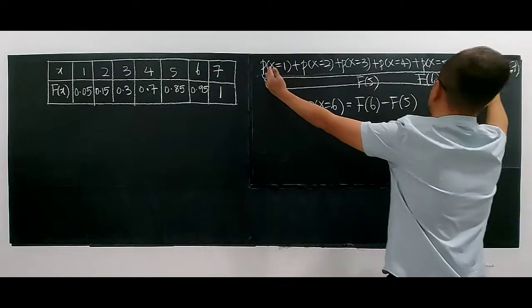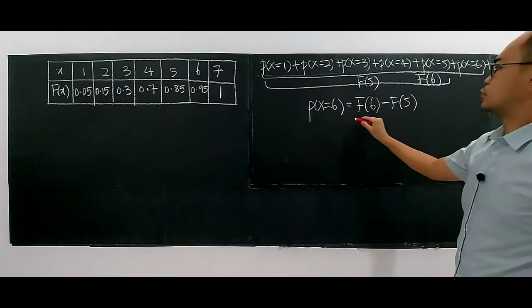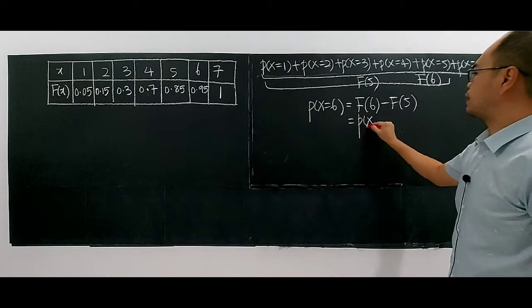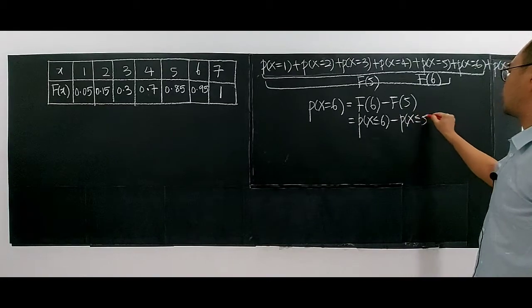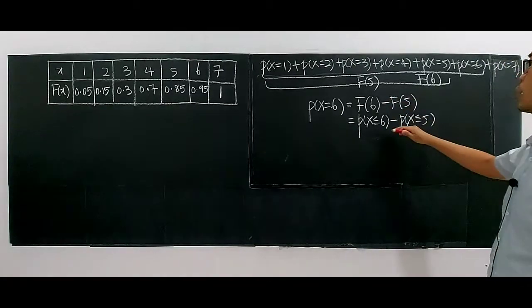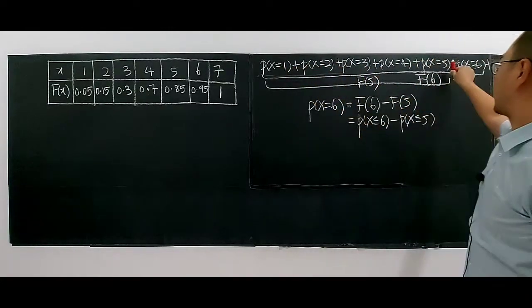So if you take the sum of all these, minus away the sum from 1 up to 5, another meaning is P(X ≤ 6) minus P(X ≤ 5). It's the same thing. This is P(X ≤ 6) and P(X ≤ 5).